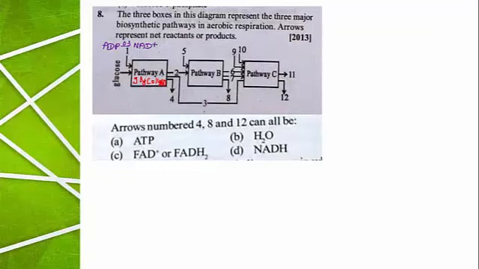And the fourth arrow becomes pyruvate. The end product of glycolysis is nothing but pyruvate, and pyruvate is entering into pathway B.